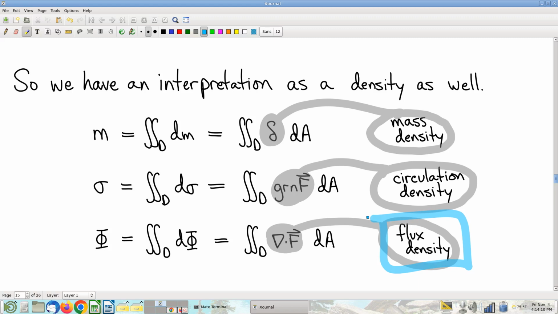When I was taking physics classes as an undergrad, I heard the term flux density more often than the term divergence. And I really like this term because it gets at the point. The reason divergence does what it does is because it's a density. It's what you multiply by size to get this accumulating stuff called flux. Thus, flux density. How are we doing? Is everybody with me? Everybody happy?